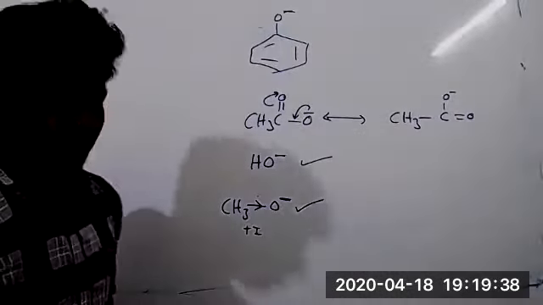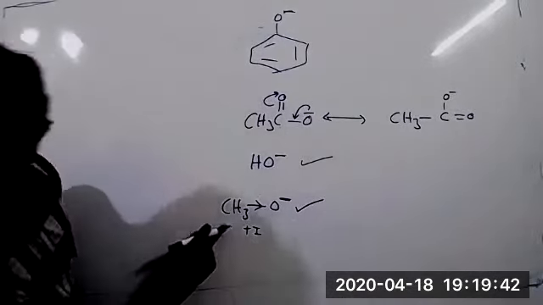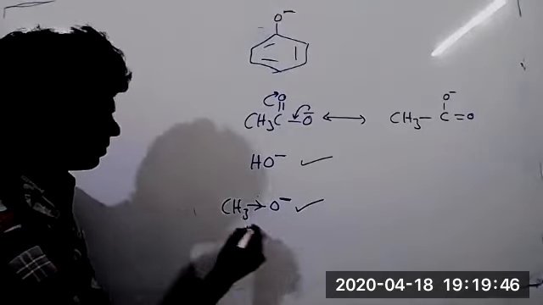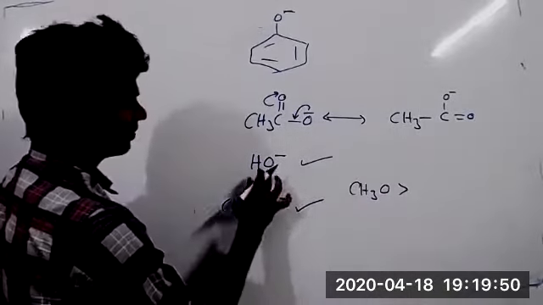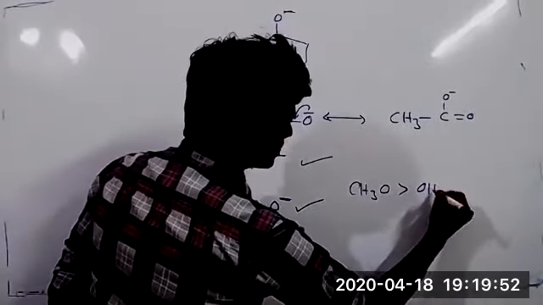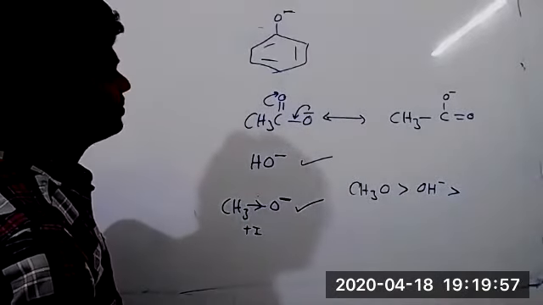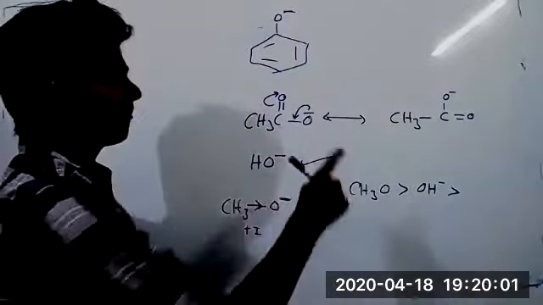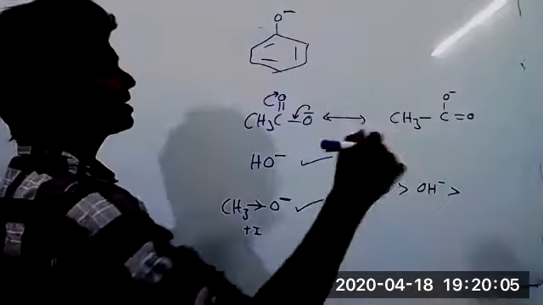And even here resonance is also possible. However, which is more reactive? No doubt D is more reactive first. CH3O minus is more reactive, after that OH minus. This has only 2 resonance structures. Yes, only 2. But the phenoxide ion has 3 resonance structures possible.